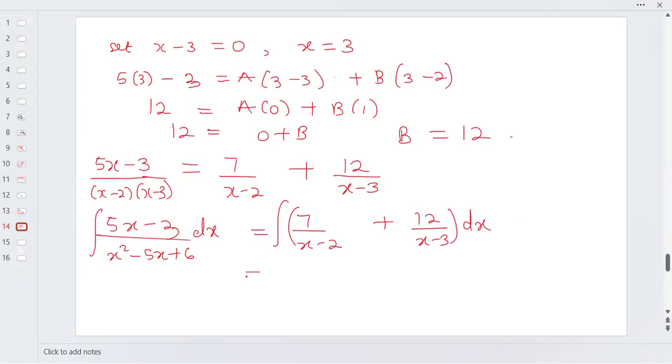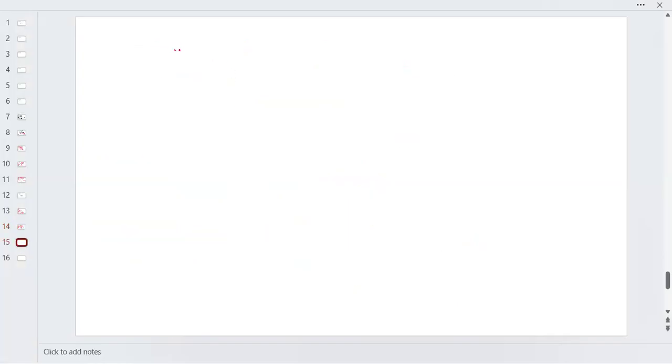So that means I can easily say this is the integral of 7 over x minus 2 dx plus the integral of 12 over x minus 3 dx by the principle of linearity. Now, 7 and 12 are constants, so I can easily bring them out, such that I'm going to have 7 integral of 1 over x minus 2 dx plus 12 integral of 1 over x minus 3 dx.